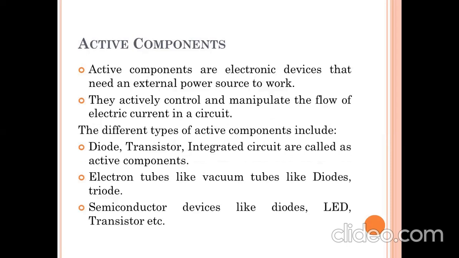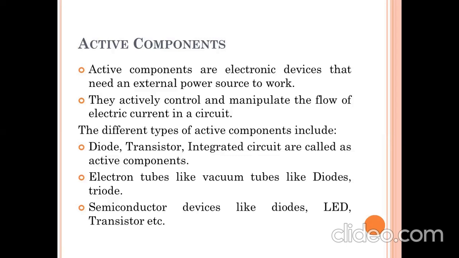The next question is, what is the definition of an active component? Active components are electronic devices which need an external excitation or external power to work. They can actively control and manipulate the flow of electric current in a circuit. The active components, as we have already seen, are diodes, transistors, integrated circuits, electron tubes, and semiconductor devices.